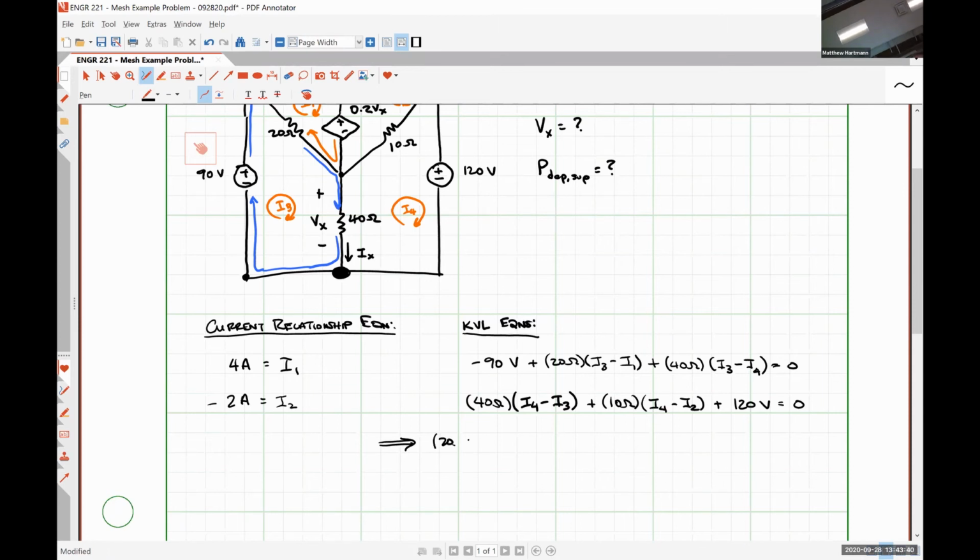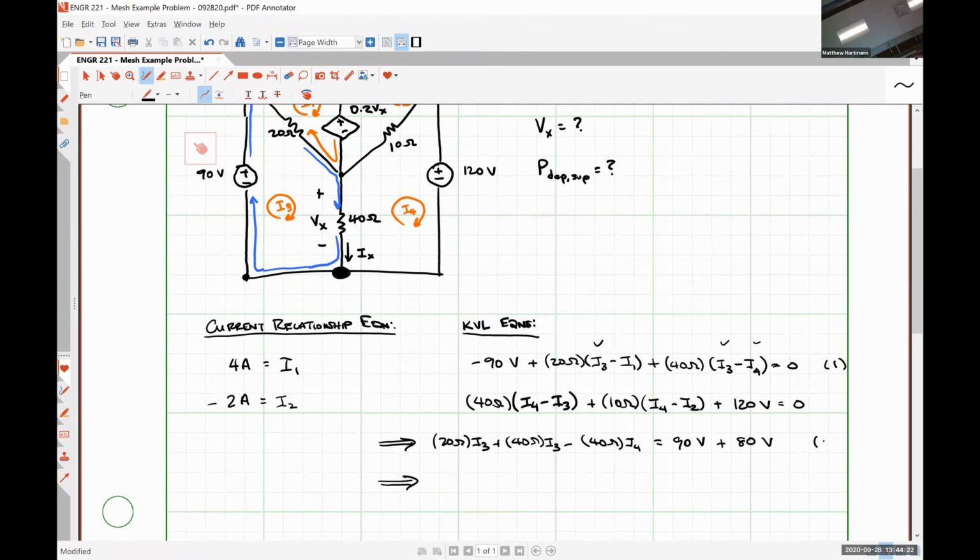We see 20 ohms times I3 plus 40 ohms times I3 minus 40 ohms times I4, and this will be equal to positive 90 volts when I move that over to the right-hand side. Then I have 20 times negative I1, so 20 times negative 4 is negative 80. When I move that over to the right-hand side of the equal sign, I get positive 80 volts. So that's equation 1 rewritten.